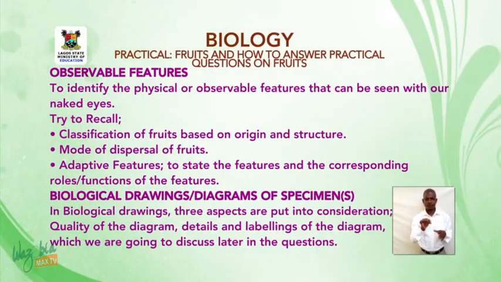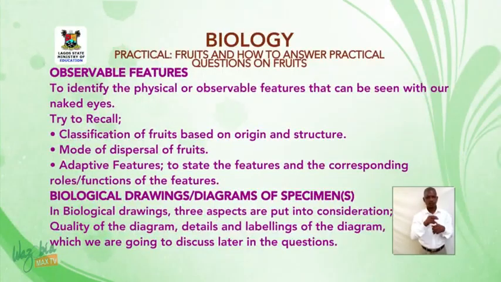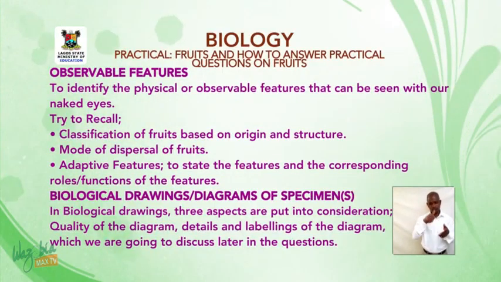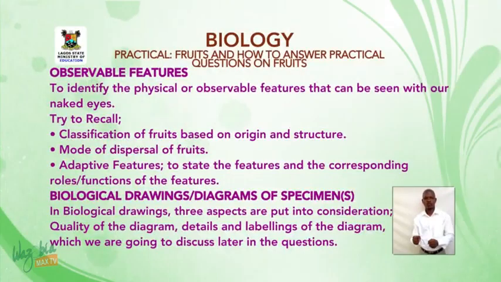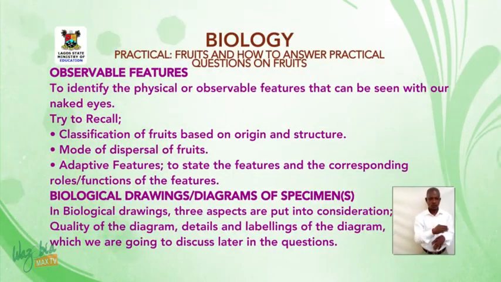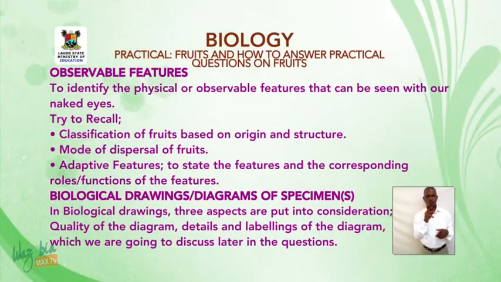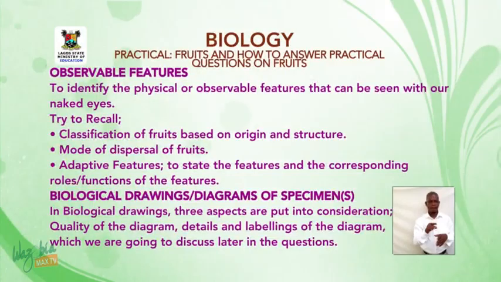Observable features. Identify the physical or observable features that can be seen with our naked eyes. Try to recall classification of fruits based on origin and structure, mode of dispersal of fruits, and adaptive features, to state the features and the corresponding roles or functions of the features.